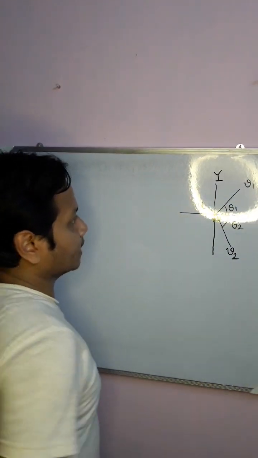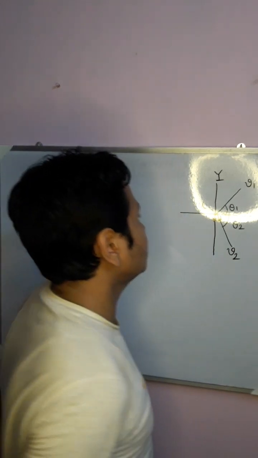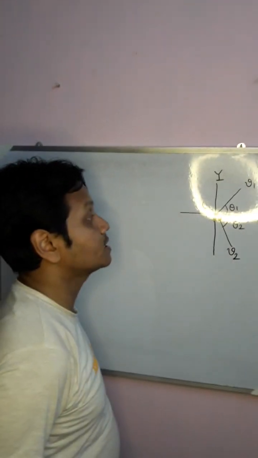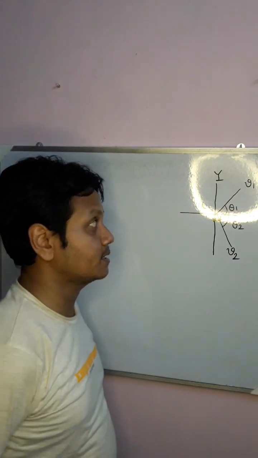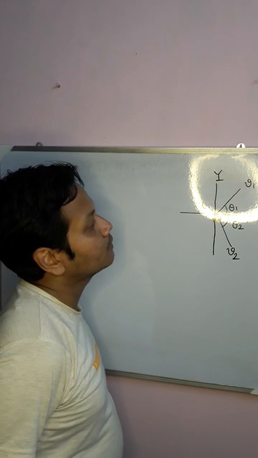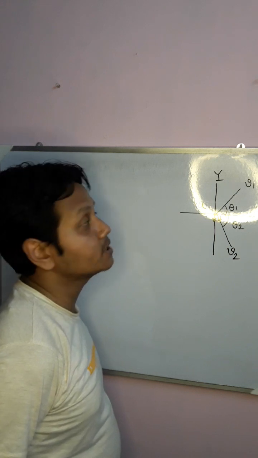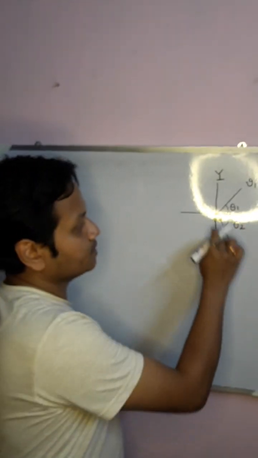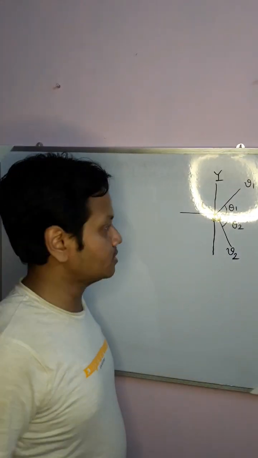An incident particle moves with a velocity u and strikes a target that is at rest. After collision the incident particle moves with a velocity v1 at a scattering angle theta 1, and the target recoils at an angle theta 2 with a velocity v2.